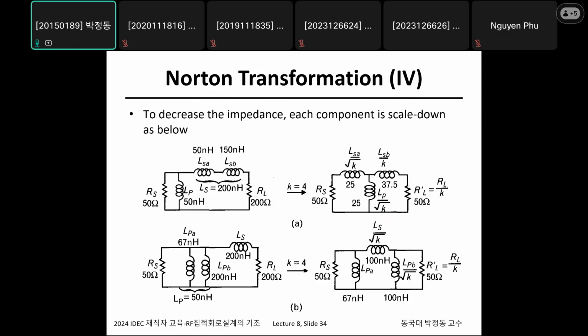이건 이제 제대로 됐네, 그지? 이건 지금 임피던스를 줄이려면, RL이 200ohm이야 지금. 근데 이걸 지금 K배로 스케일링을 하고 싶어. 그러면 어떻게 하냐면 얘를 2개로 스플릿을 해가지고 얘를 바꾸는 거예요. 이걸 이렇게 바꿨어. 그 다음에 바꾸지 않는 이쪽은 어떻게 해야 돼?